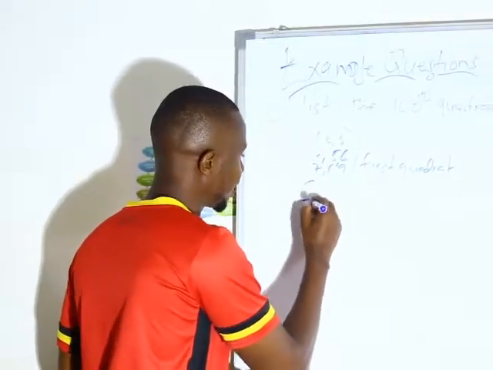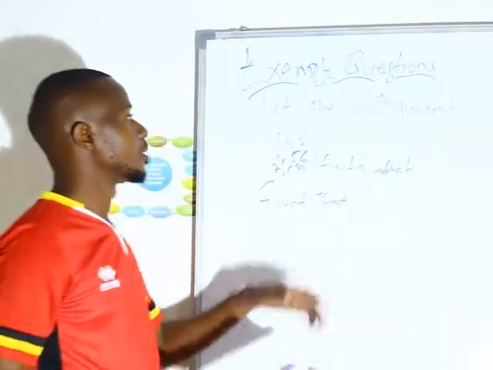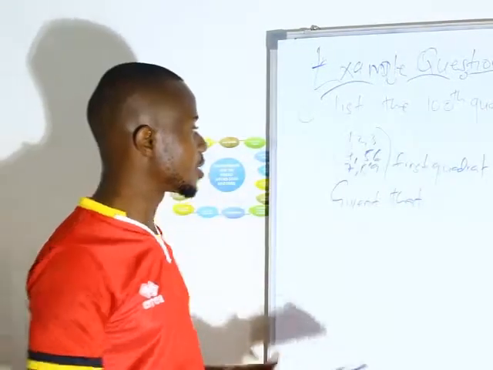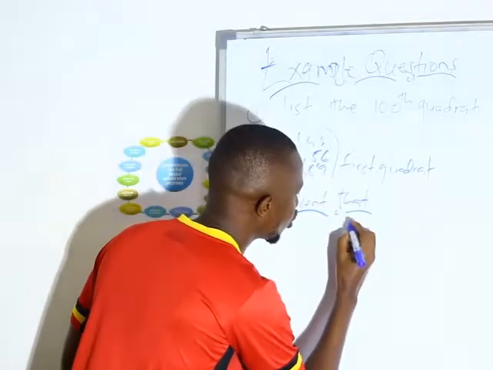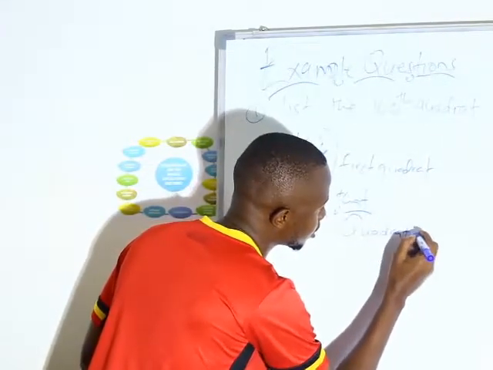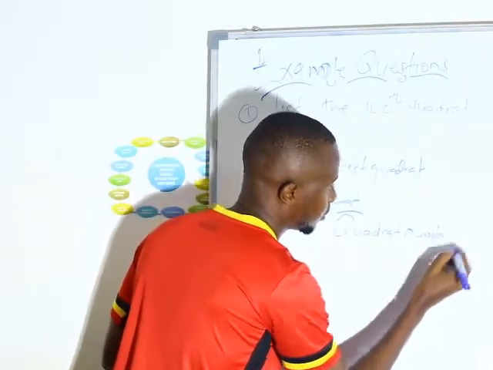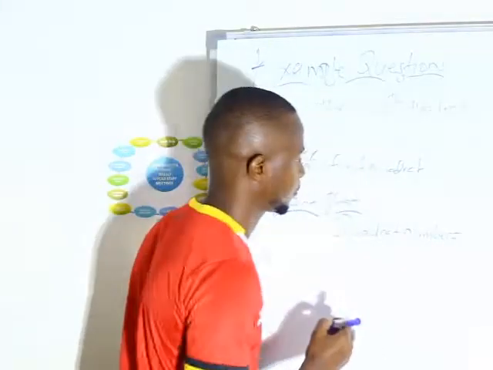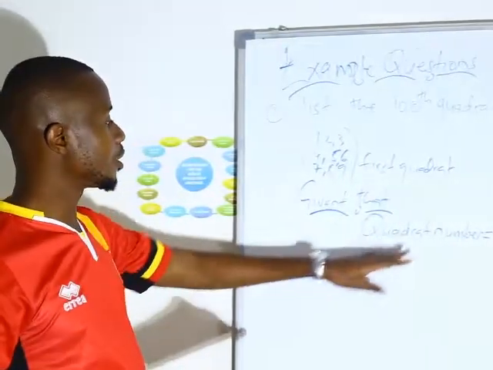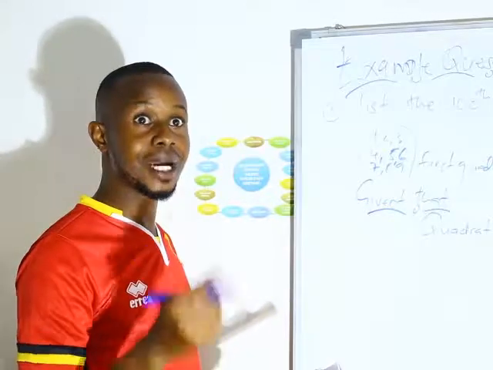First of all, given that we are looking at the 100th quadrant, the quadrant number equals 100. Then when we know the quadrant number, we can find our last number in that quadrant.